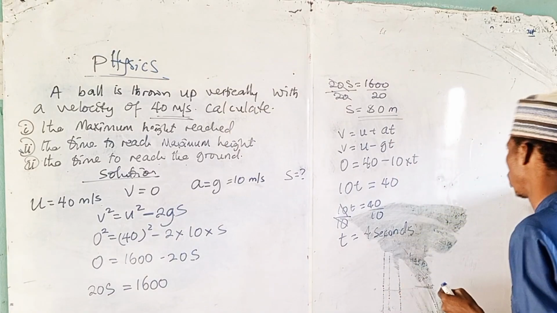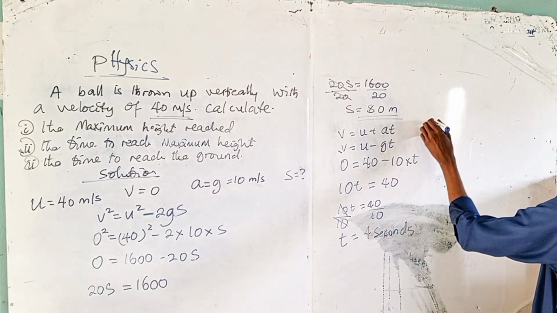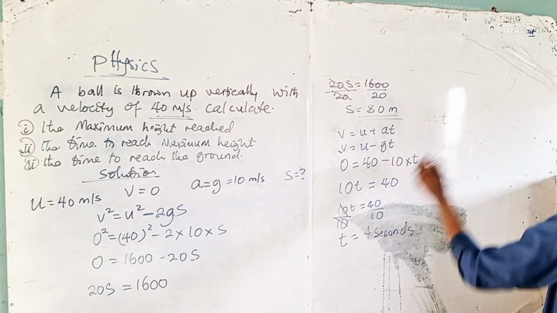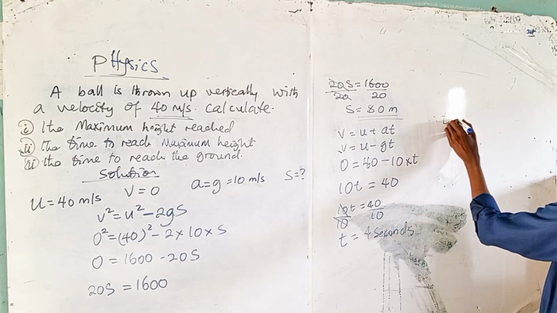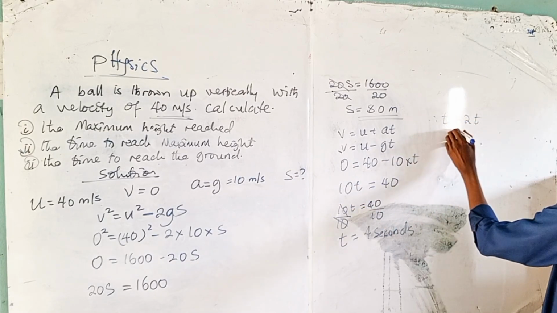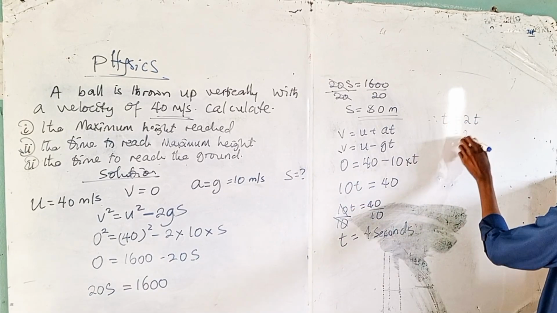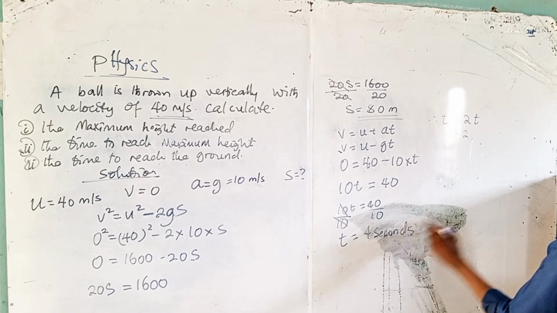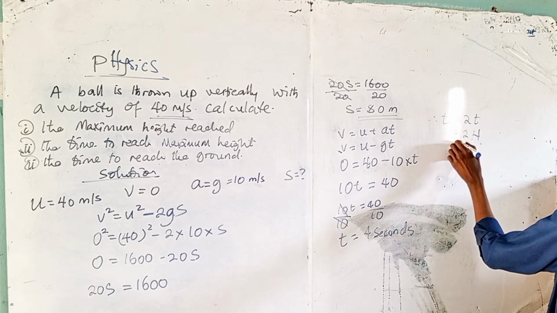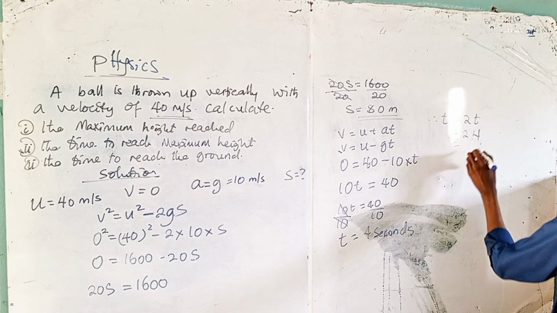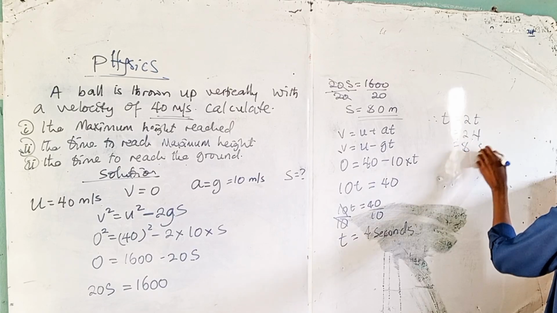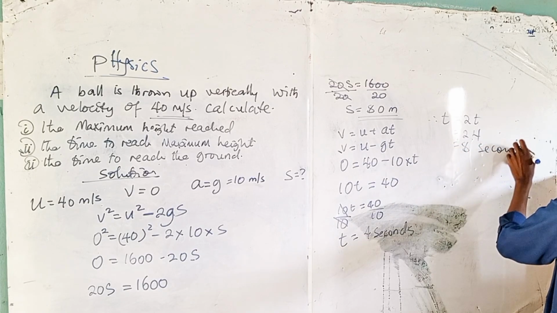So simply we will say, therefore, time to reach the ground equals 2 times t, which is also equal to 2 times what we found here, 4, which is 8 seconds.